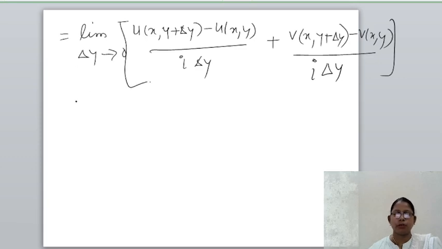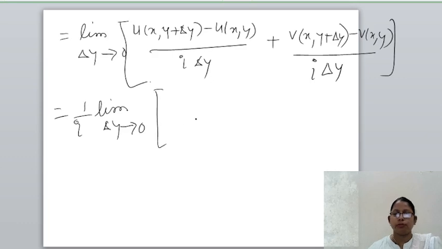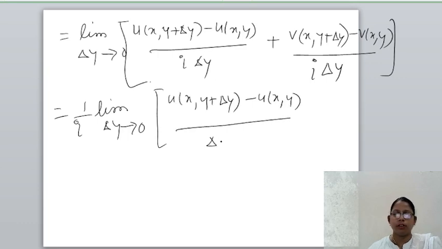Now using the properties of limit we can write this as 1 by i limit delta y tends to 0 within bracket, this is u(x, y plus delta y) minus u(x, y) divided by delta y.